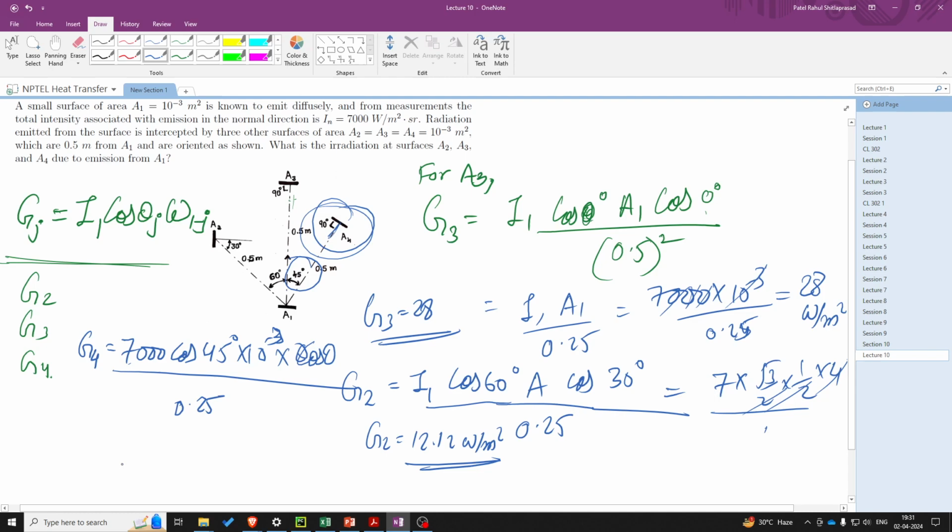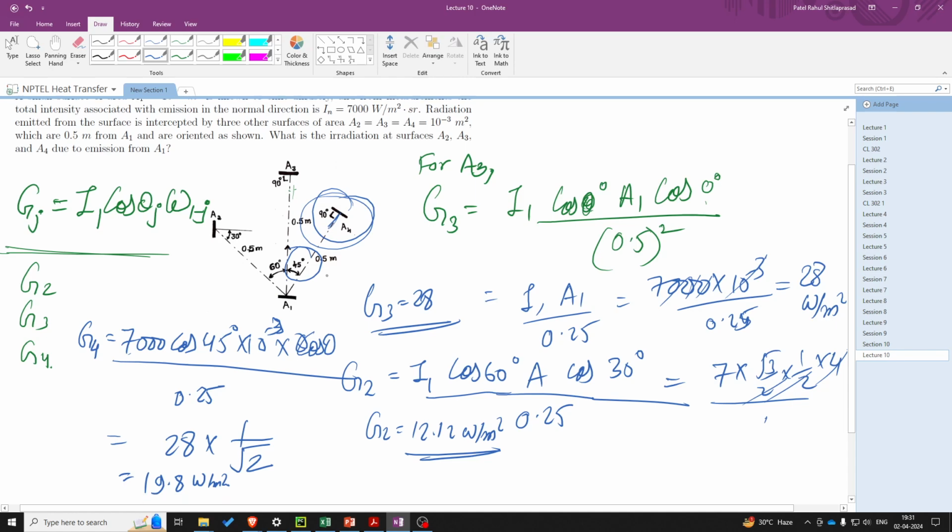So this will become 28 into 1 upon root 2. So this will come around 19.8 watt per meter square. So this is how we find the radiation given the following geometry by using these formulas.